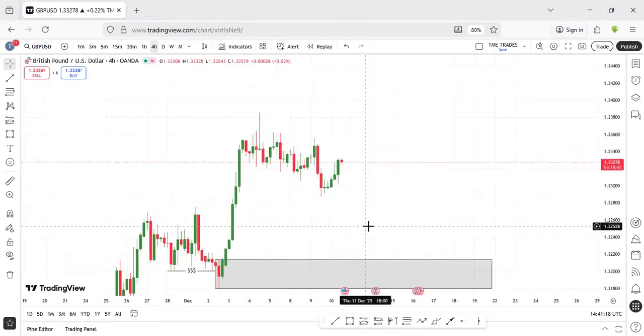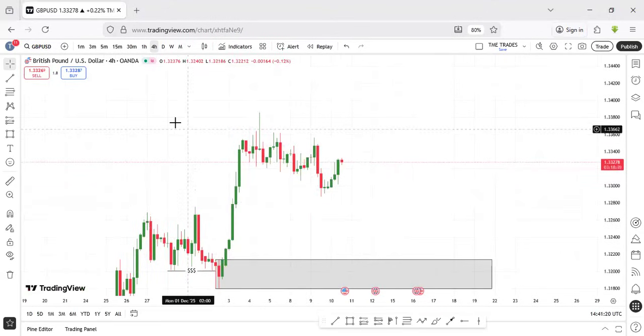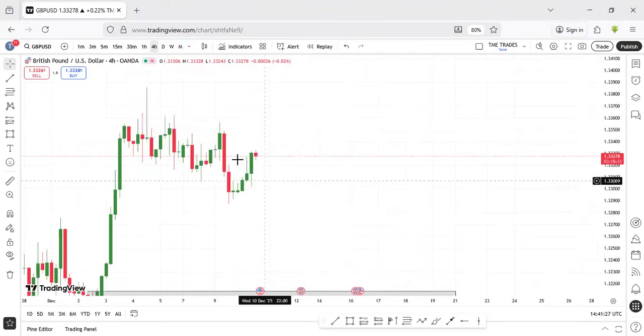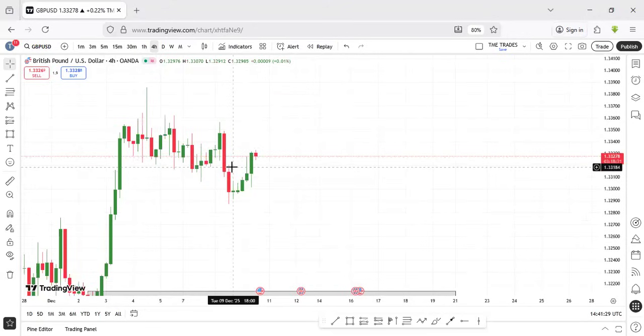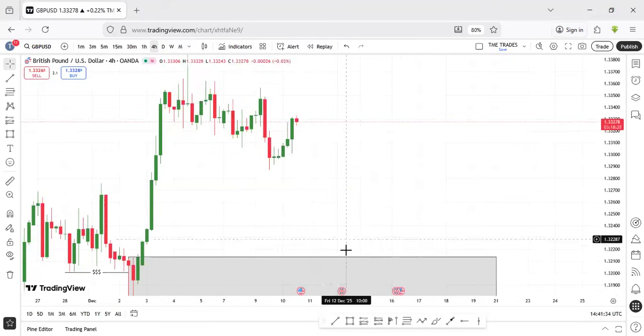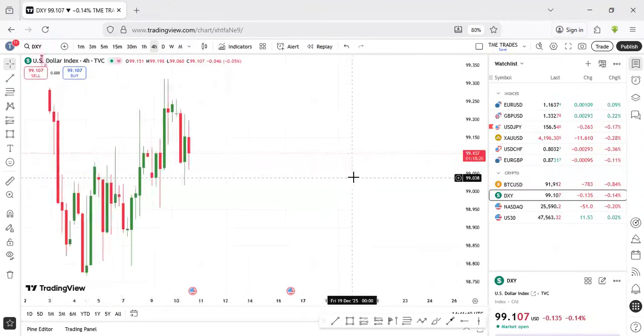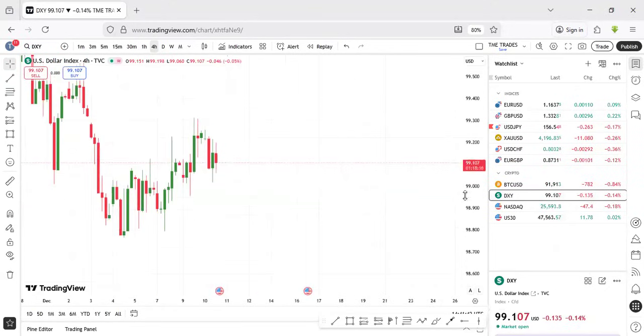So having said that, let's proceed. Now, currently, what are we expecting? We are now expecting the market to at least give us a valid point of interest before we start looking for more opportunity to the downside, considering what we are already seeing on our DXY. Remember, last week on Sunday, I explained all the reasons why we should always look at DXY before going to any other currency pair.